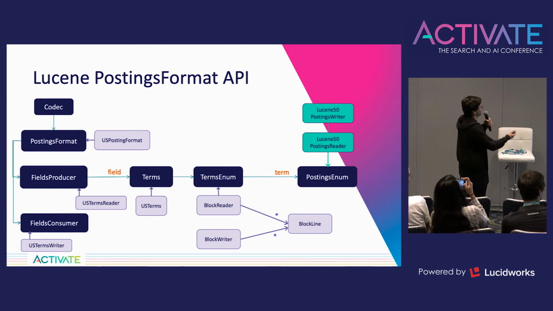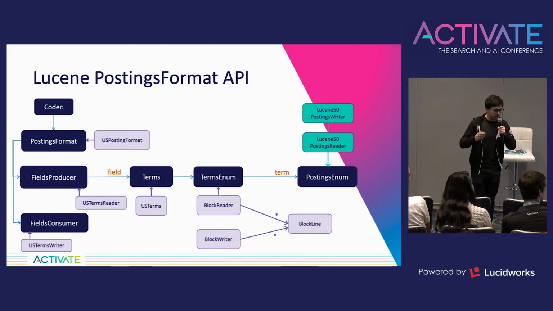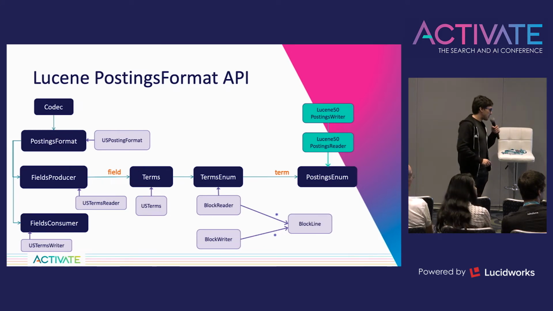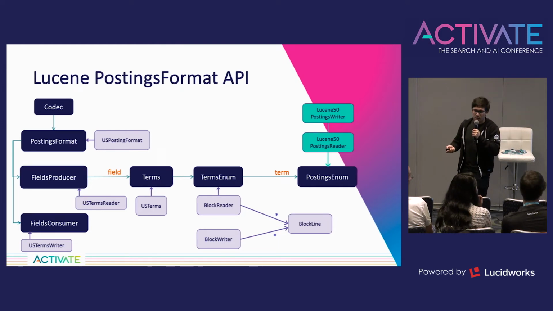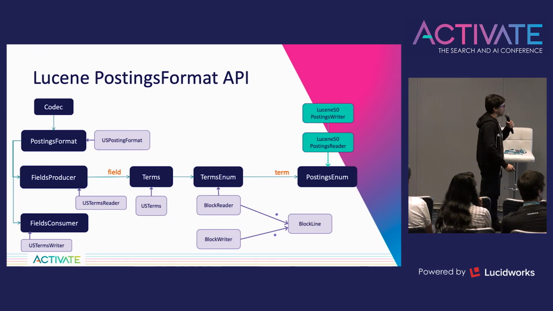So we have a UniformSplit posting format, UniformSplit terms reader, UniformSplit terms writer. But we implemented the terms enum interface with a block reader, because for us it was more clear. What is important here is that we have a block reader and its counterpart called block writer, both using the same concept of block lines that can be easily extensible to have our shared terms version next.